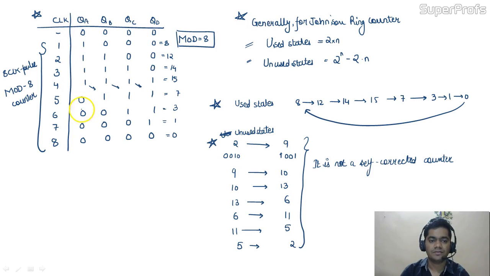So these 3 points are very important: what is the table of representation of the Johnson's ring counter, what is the mod value of this counter, what are the used states and unused states available in Johnson's ring counter, and why it is known as a non-self-corrected counter. Okay, so you can write these 3 points.